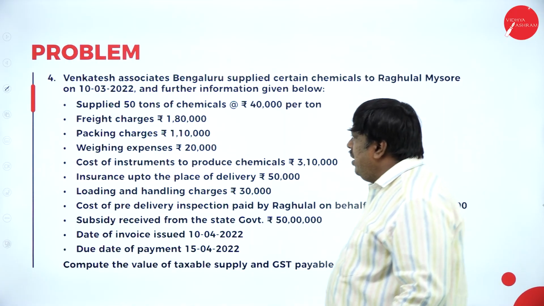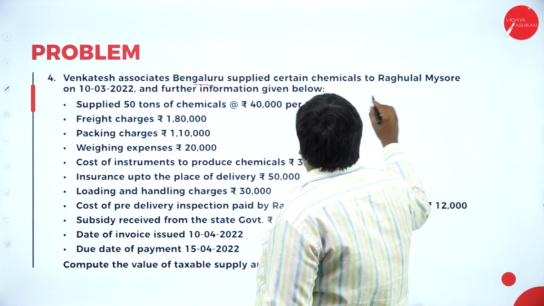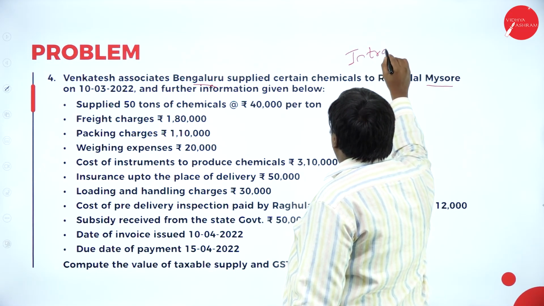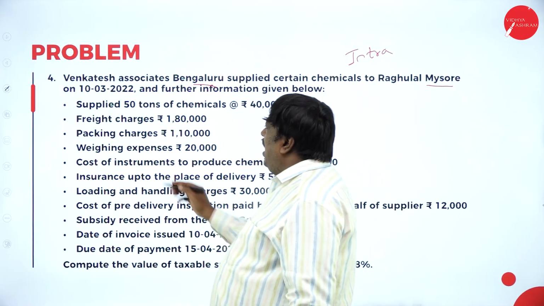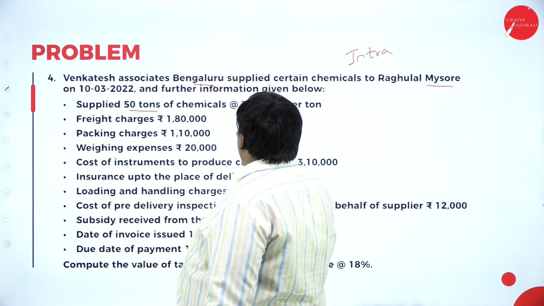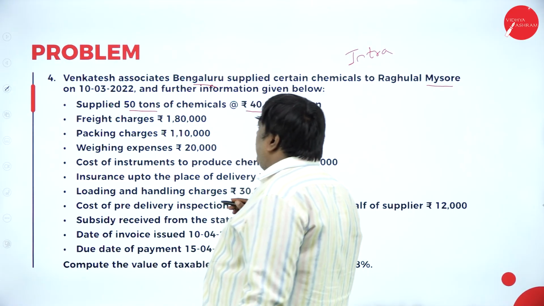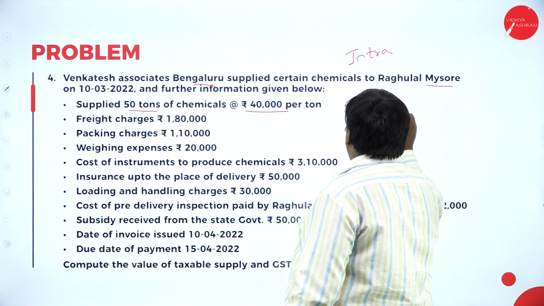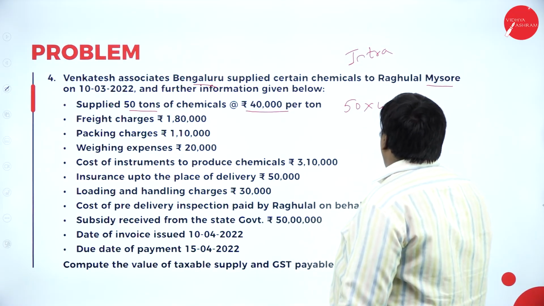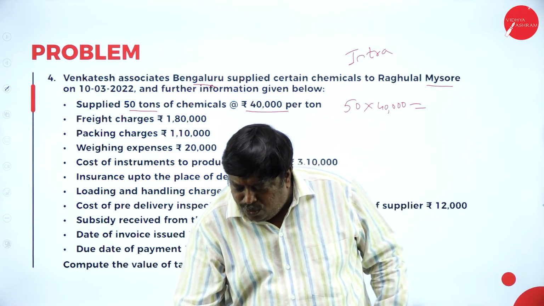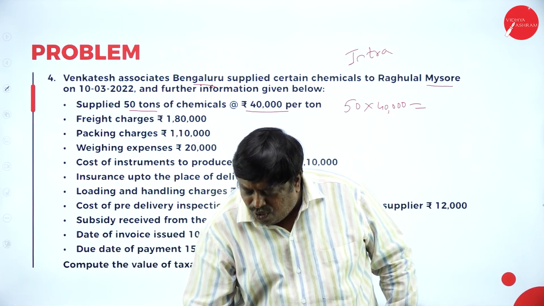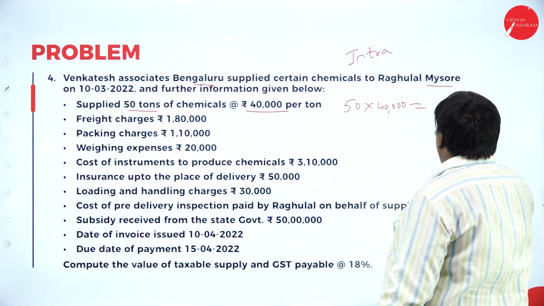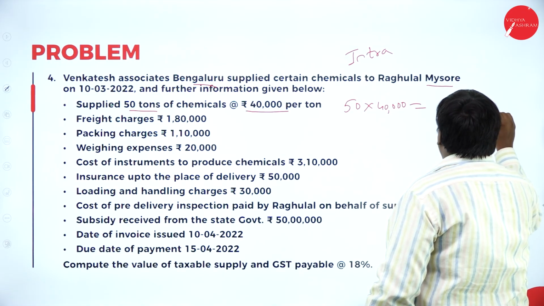In the next problem, same Bangalore and Mysore. So this is intra, CGST and SGST. We are supplying 50 tons at rupees 40,000 per ton. Means 50 into 40,000. So it will be totally 20 lakhs.